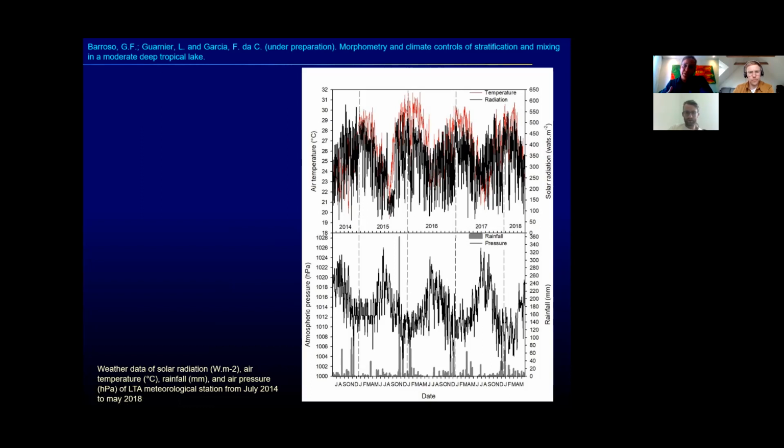Even 2014, 2015, and the beginning of 2016 had a very intensive drought over the southeastern part of Brazil. It was a very intensive event that caused a lot of water security issues in this part of the country.